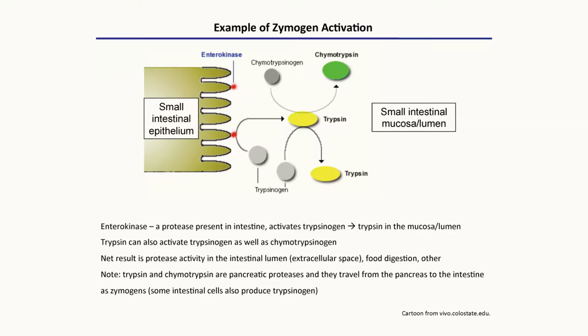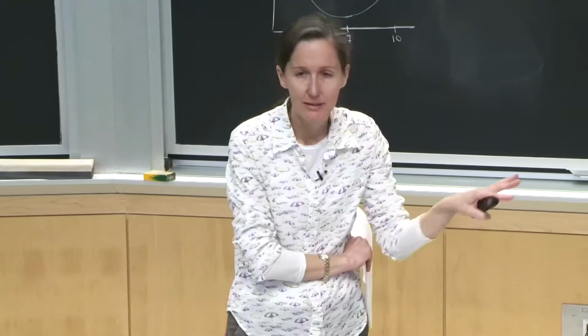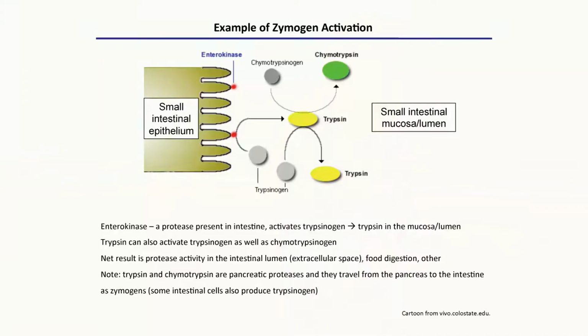What do we see? So inside the intestine, there's a protease named enterokinase. And it has a role of activating trypsinogen. So trypsinogen is a zymogen. It's produced by the pancreas. And the pancreas delivers trypsinogen and other things into the small intestine. And so once it reaches the small intestine where its activity is needed, it will be activated by the action of enterokinase to give trypsin.